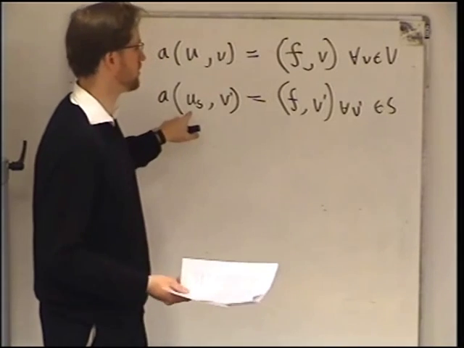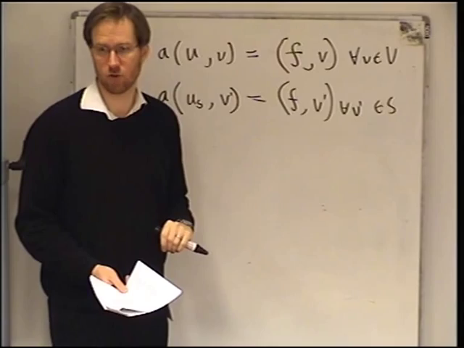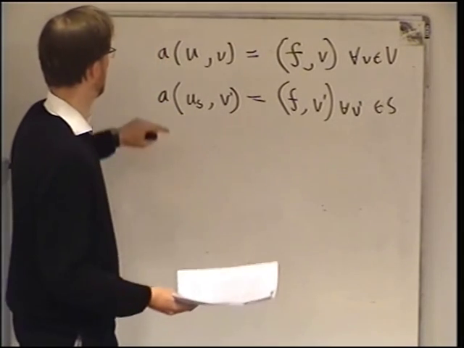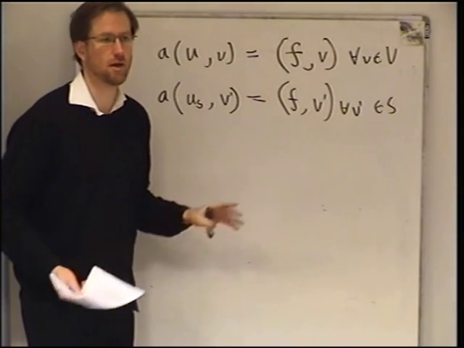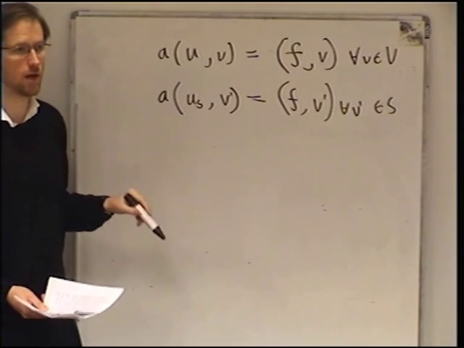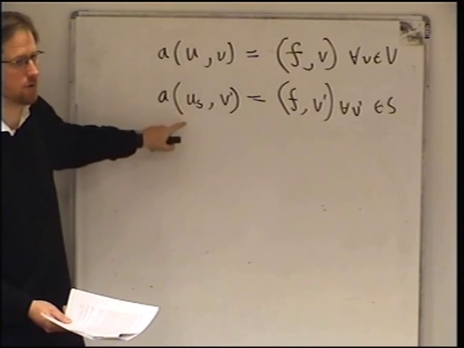Whereas this guy is our discrete solution, and he lives in a much, much, much more restricted set of function spaces. So it's possible that this guy is equal to this guy, but quite likely that it isn't. Right? Because it's quite likely that this solution out there is not in our discrete space.